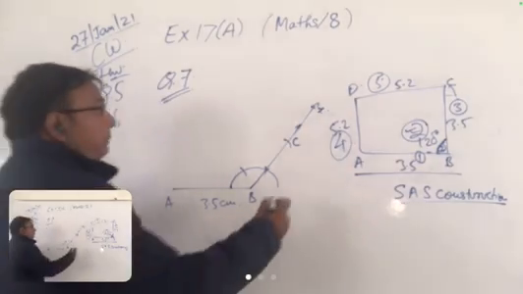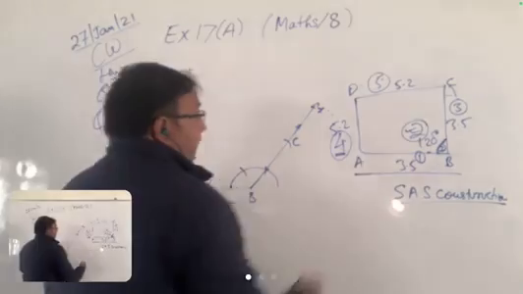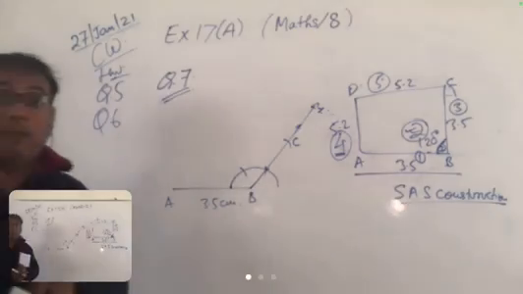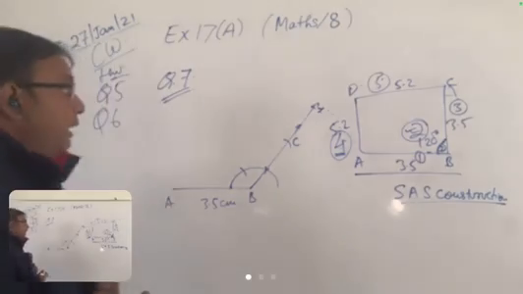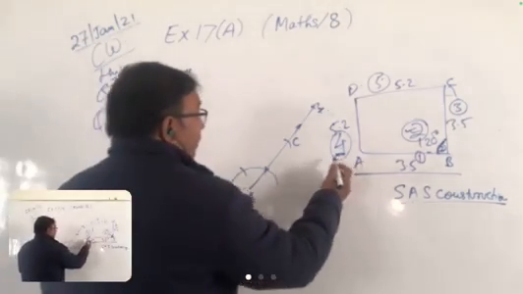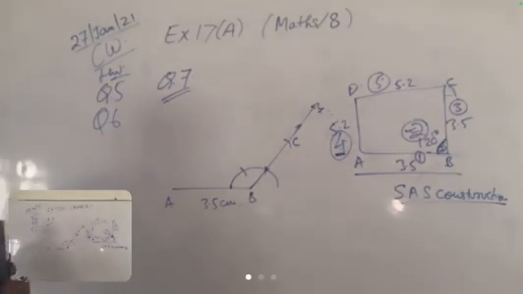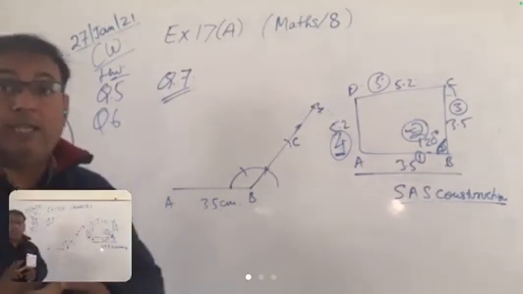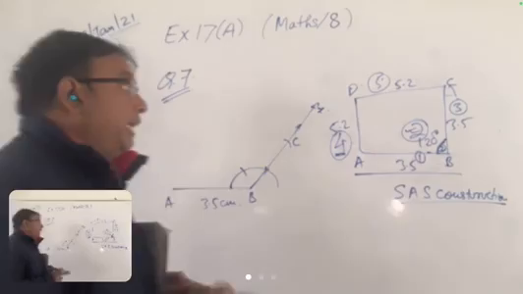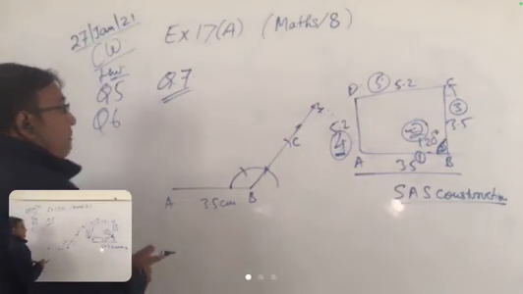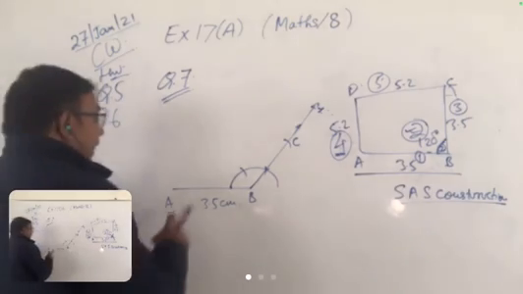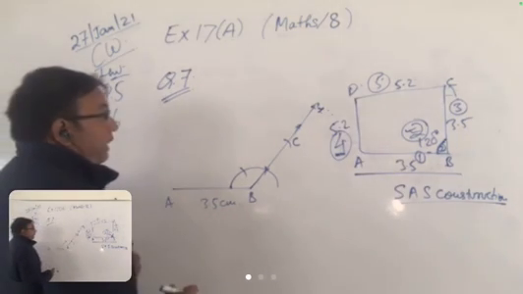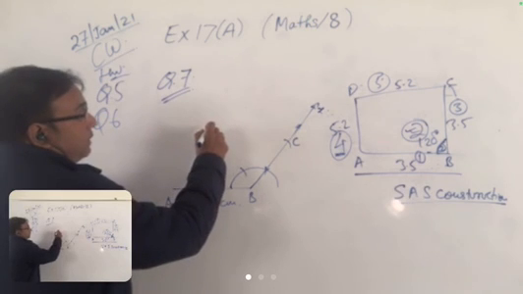Now the fourth step is, सबने इतना ड्रॉ कर लिया है? Yes, sir. Okay. Now the fourth step. Good, very good. Now take a radius of 5.2 with the help of scale in your compass. 5.2 in your compass with the help of scale and put the compass at point A and mark an arc like this.